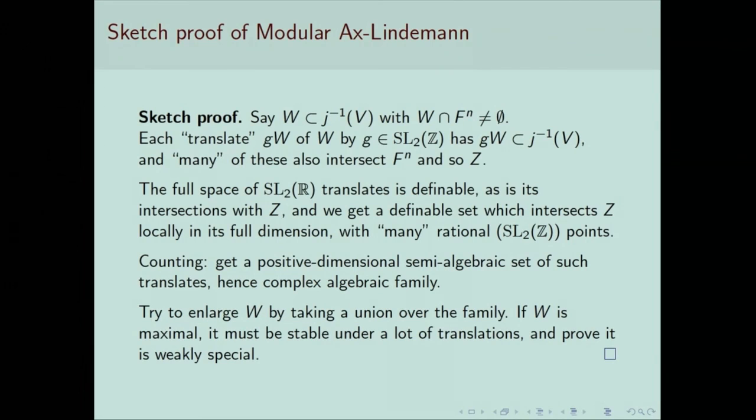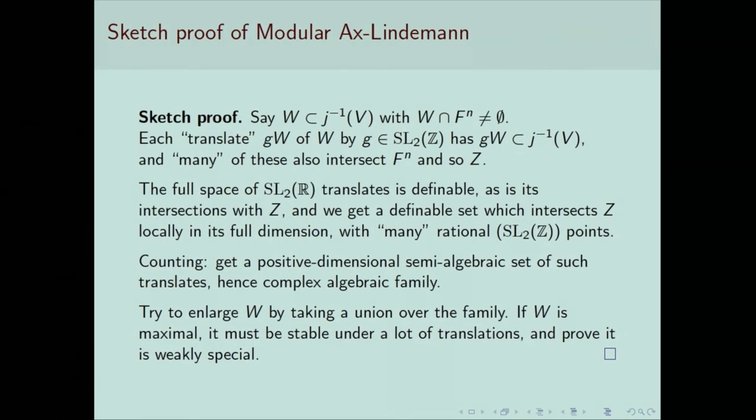Okay, so we suppose we've got W contained in J inverse V, and it intersects the fundamental domain. And then by the invariance of the J function, every SL2Z to the n translate of this W is also sitting in the pre-image. And in fact, you can prove that rather many of them also intersect the fundamental domain.